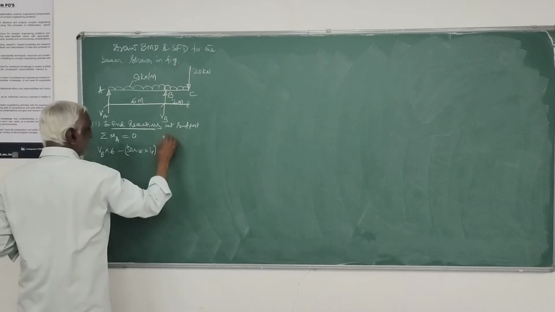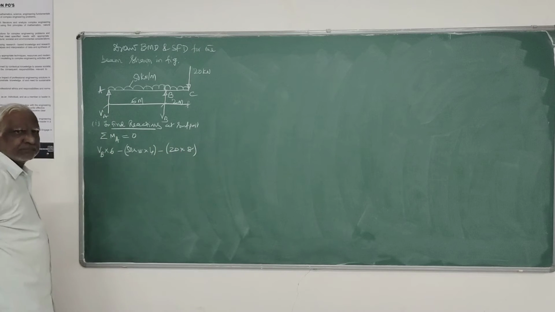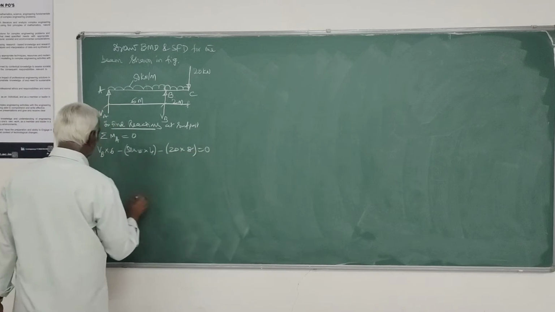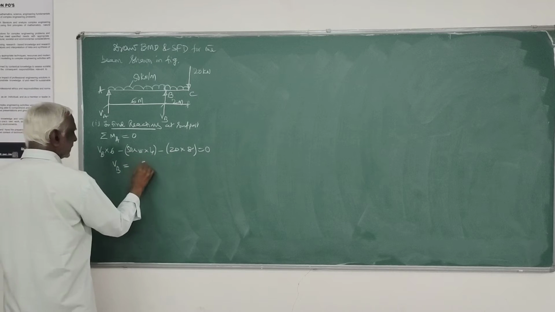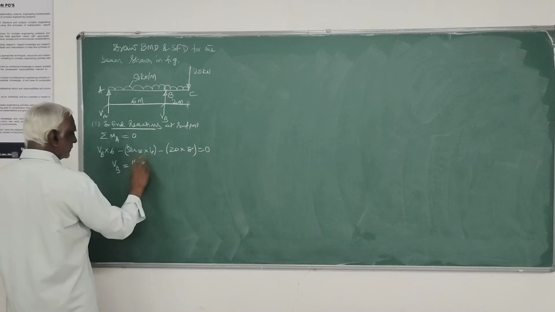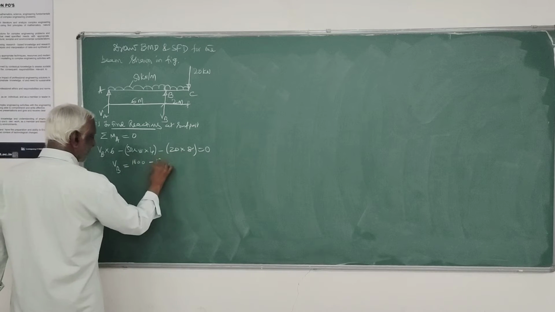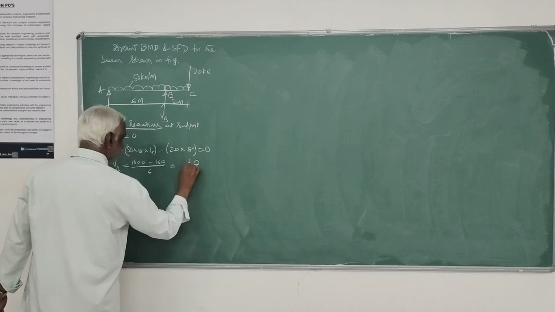Then due to this it is again negative 20 into 8. That is equal to 0, or VB is equal to 1600, this is 160 divided by 6.